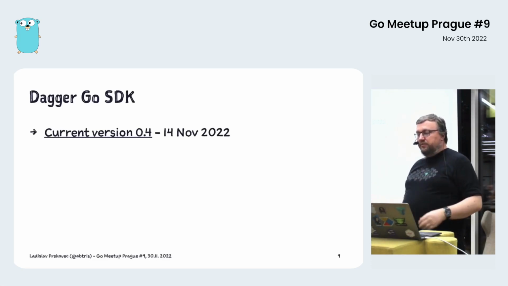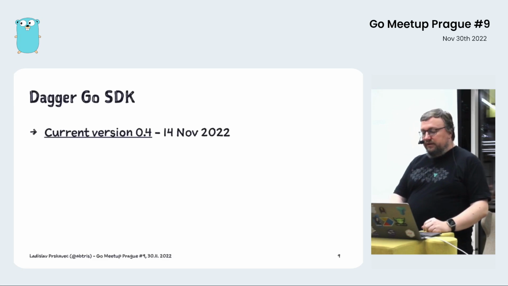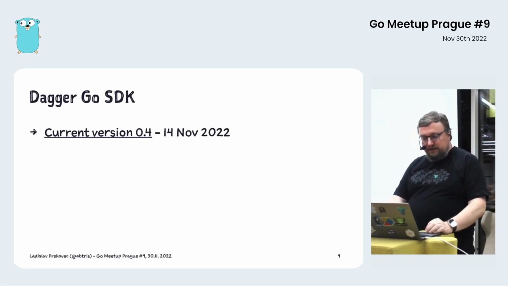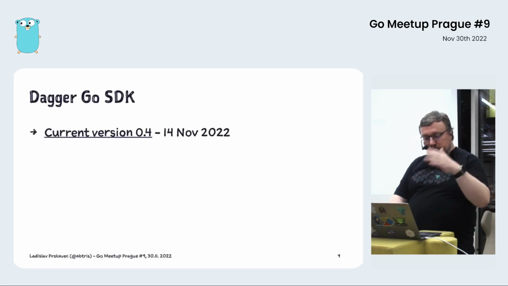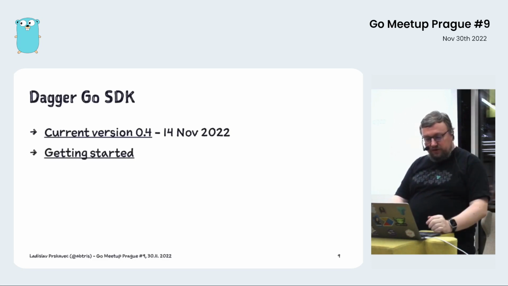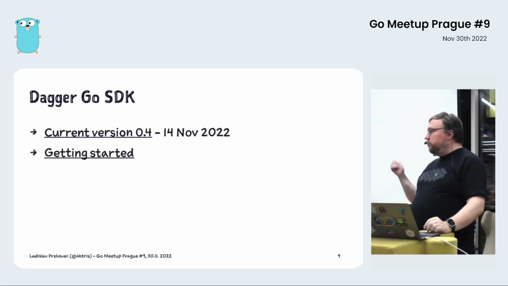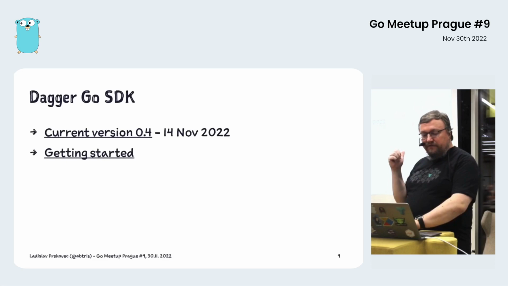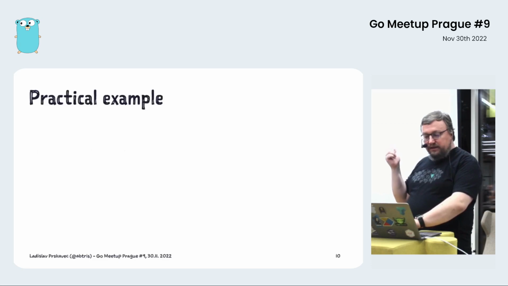It's not a production-ready product, but still, it's for pipelines. It's not something super reliable that needs to work or not work. There is very good getting-started documentation, and I have in the reference links videos about that and some other examples.